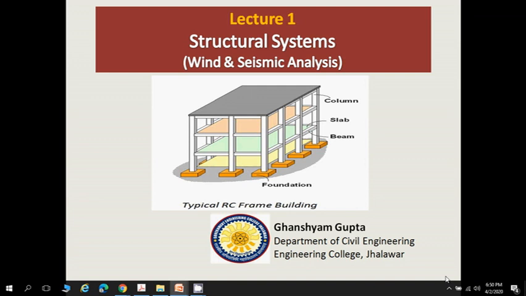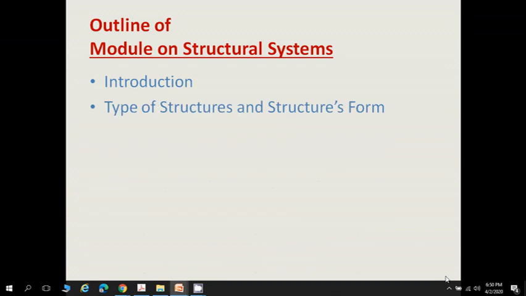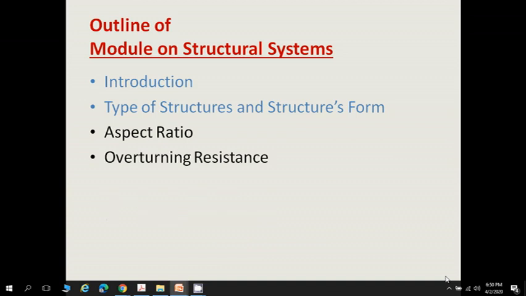In this module, we will study what are the structural systems. The outline of the module on structural systems is, firstly, introduction and what are the building structural systems. Another one is types of structures and their form. Third one is aspect ratio, and fourth one is overturning resistance.